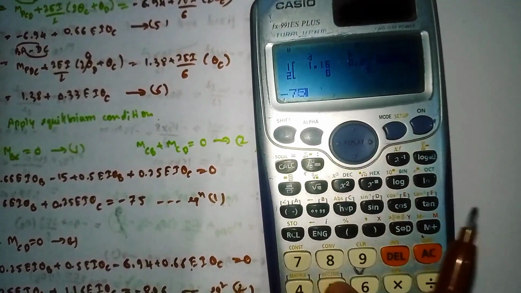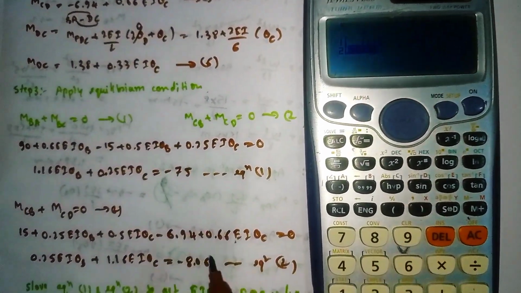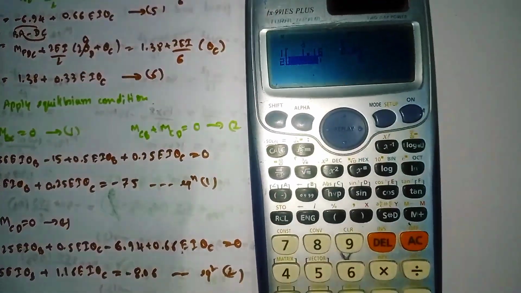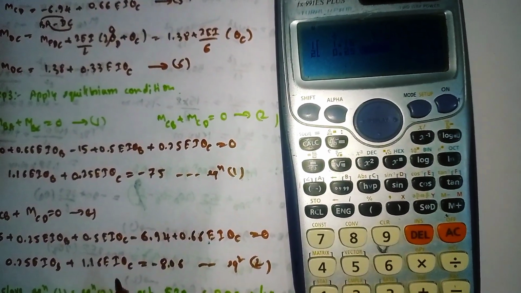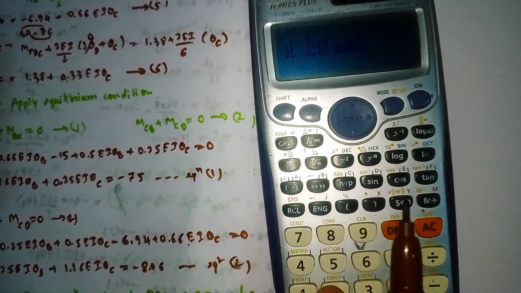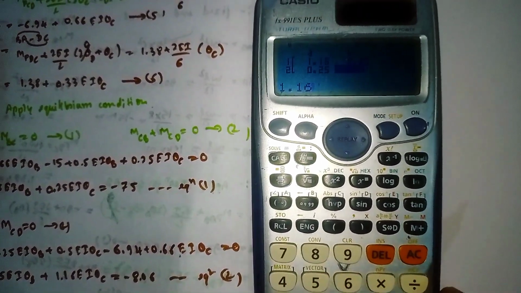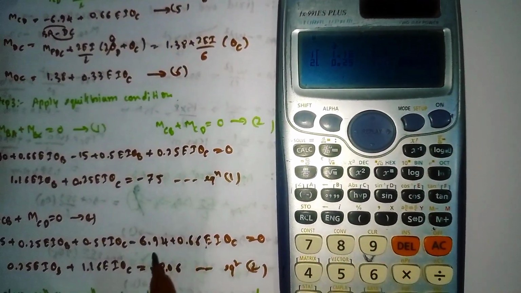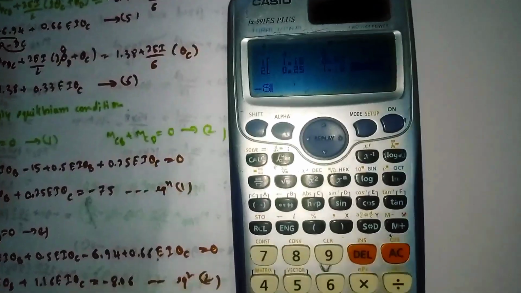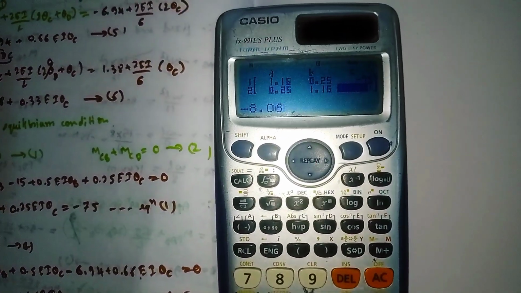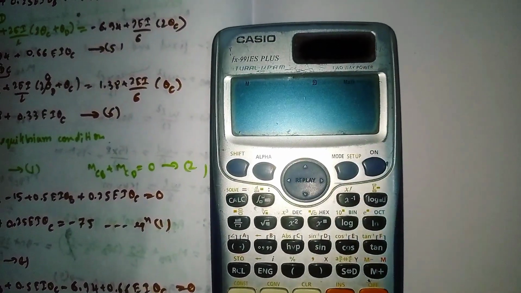Equation 2 has 0.25 and 1.16 with minus 8.06. Now solve it.